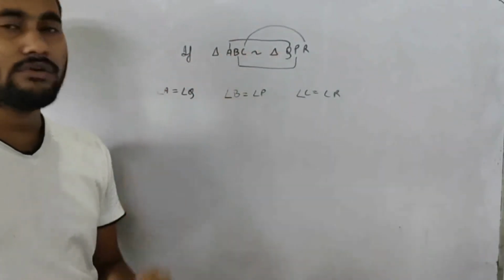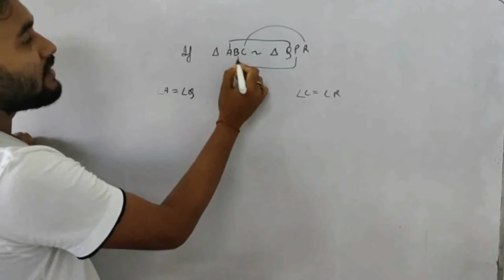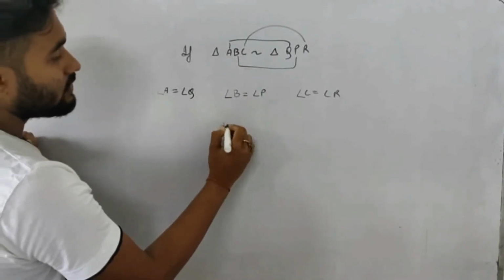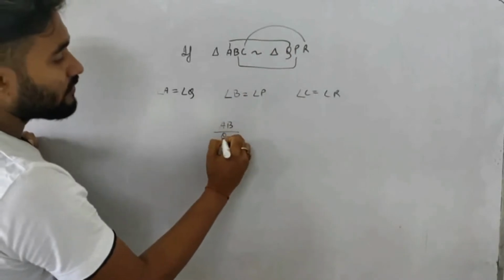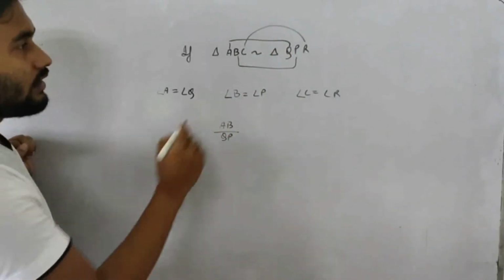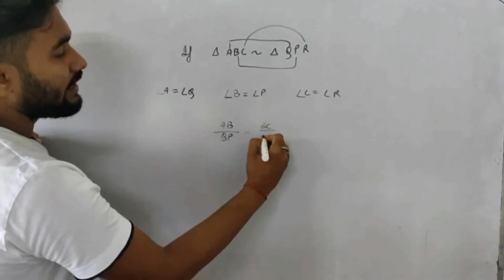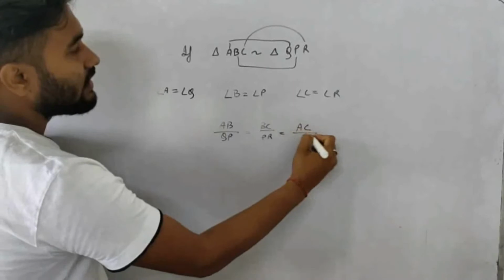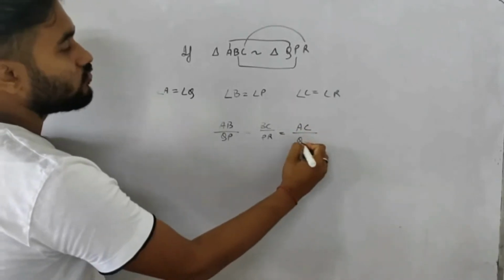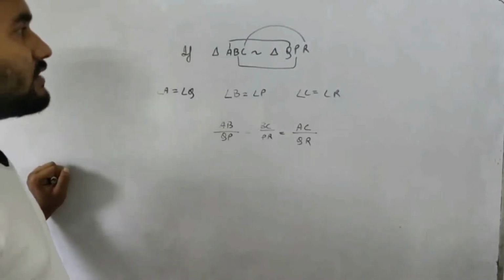By looking here only you can say. Similarly, by looking here only you can say that AB will be equal to what? QP. First two. If I take BC, I will take PR. And if I take A and C, I will take what? Q and R. Understood? This is the simple thing, okay.